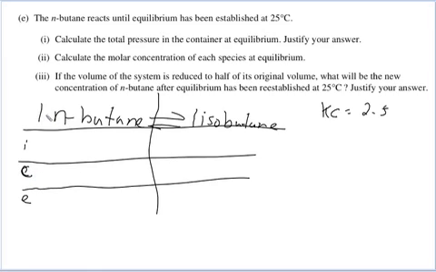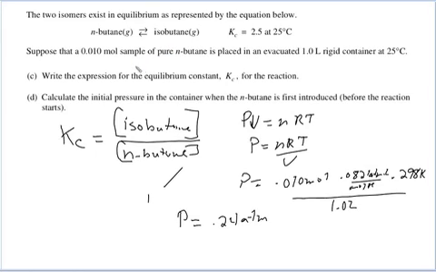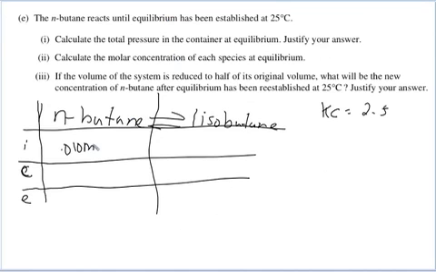We know from the beginning of this problem that we started off with 0.010 molar, because they gave us 0.010 moles in 1 liter. Moles divided by liters gives our initial concentration of 0.010 molar.